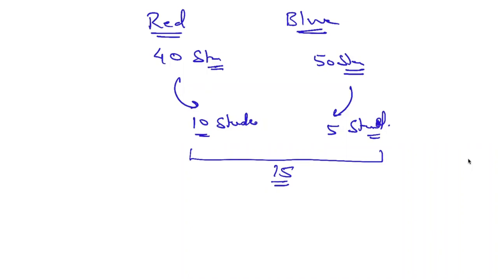It's a very simple question. Hope everyone is getting this. So from this red house, we have to select 40C10, and from blue house, we have to select 50C5.